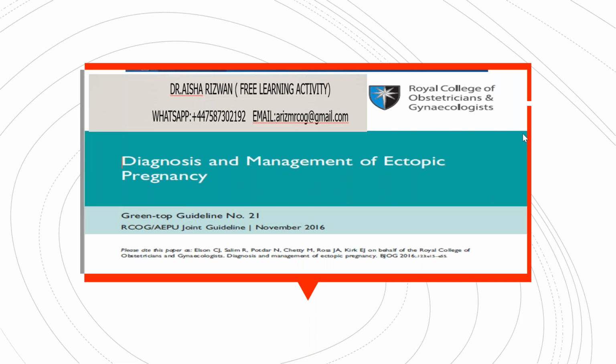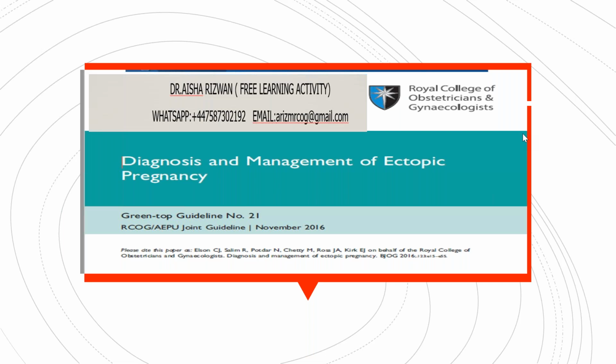Then the third predictor of success is the pre-treatment change in the serum beta-HCG level. So you have done the first level, then the second level and the third level, and the level is rising slightly. If there are very small increases in the beta-HCG levels before administration of the methotrexate, then it means that the treatment is going to be more successful because there is not a lot of beta-HCG.